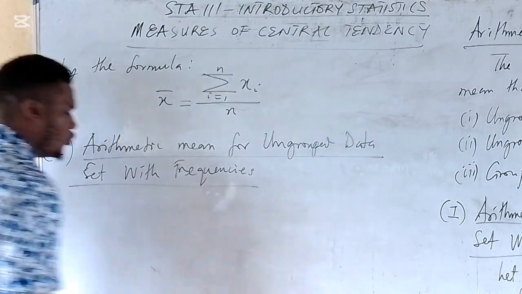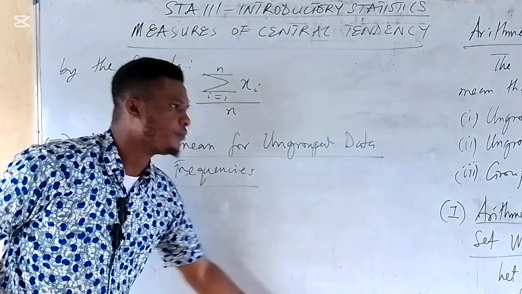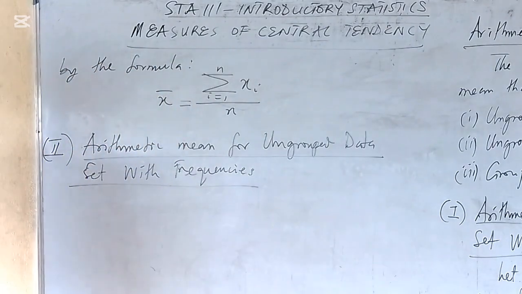Ungrouped data set with what? Frequencies. Now for the ungrouped data set with frequencies, what do we say?